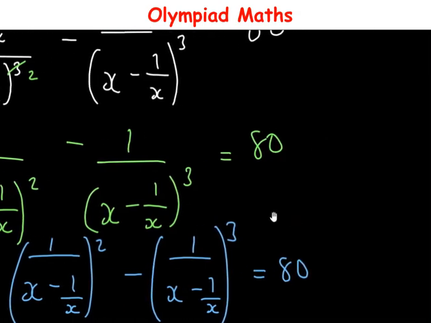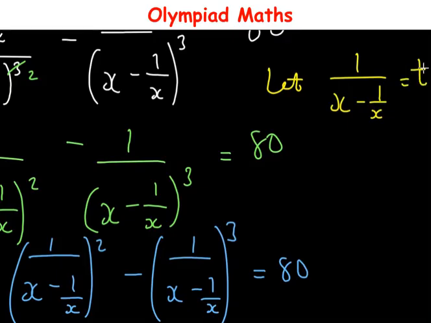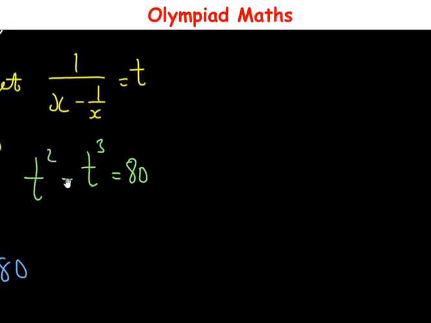At this junction, we are going to say, let 1 over (x − 1/x) equal t. So right here, what we then have is t² minus t³, and this equals 80. The next thing is to solve this equation.